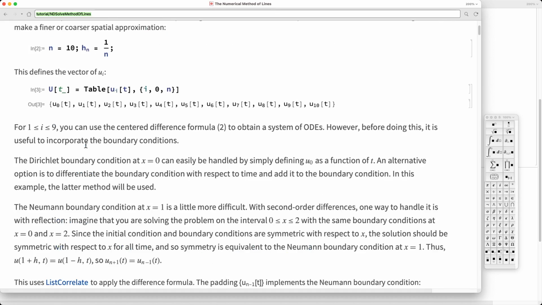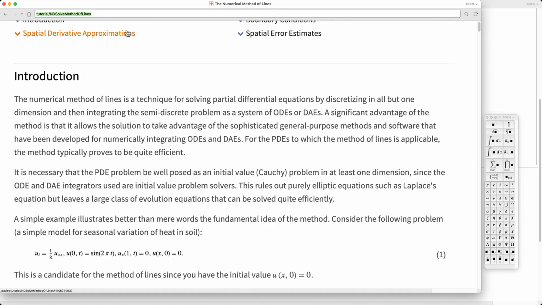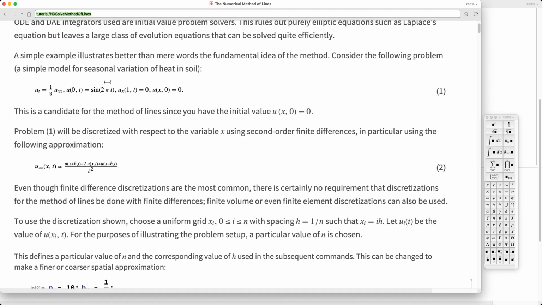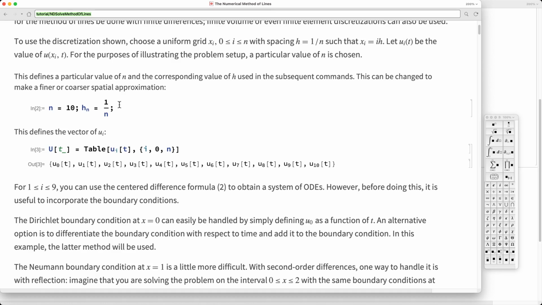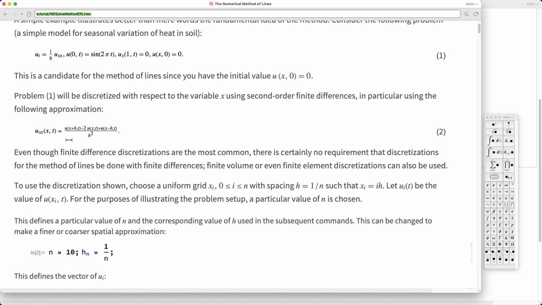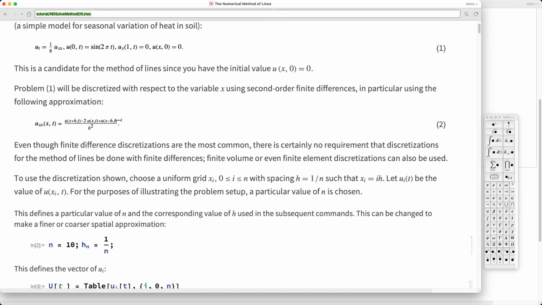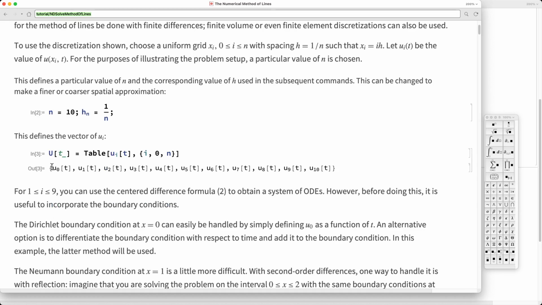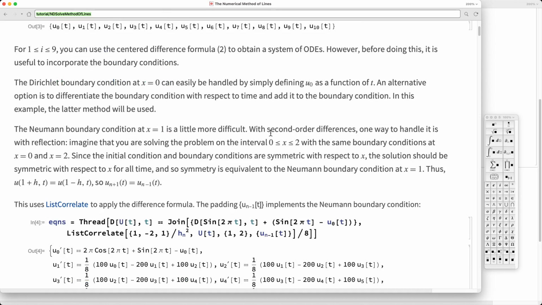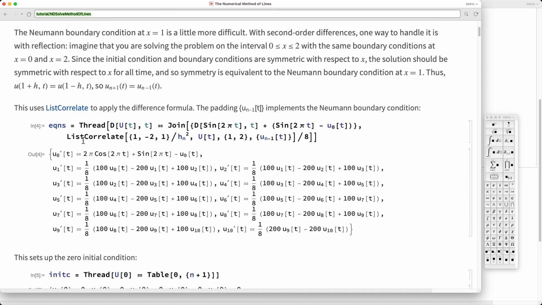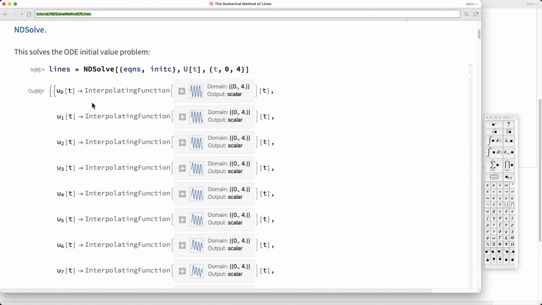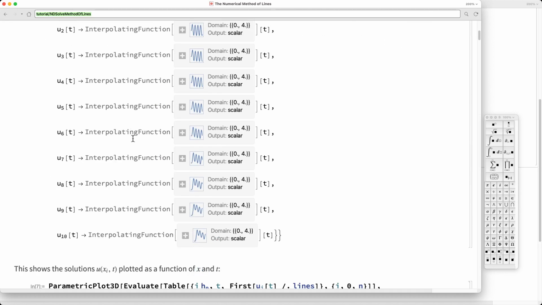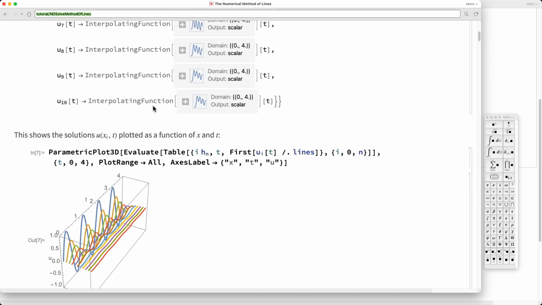It explains that basically a PDE can be written as a system of ODEs, as we just discussed, and this tutorial actually does it for finite differences of second order. It writes down a set of 11 equations here, and then each of those is solved as a system using NDSolve, and you get 11 functions that are coupled through the differentiation matrix.